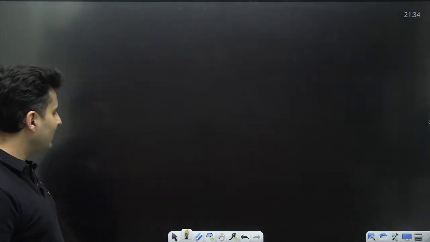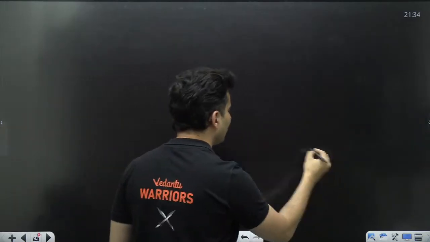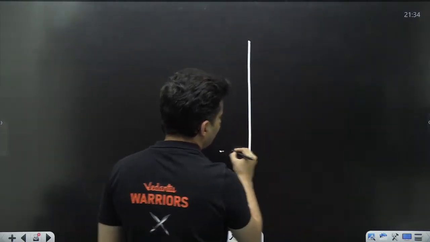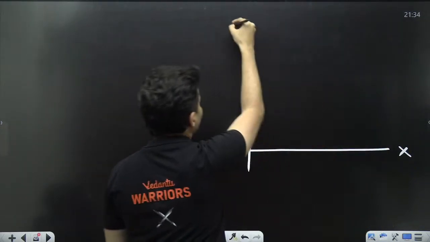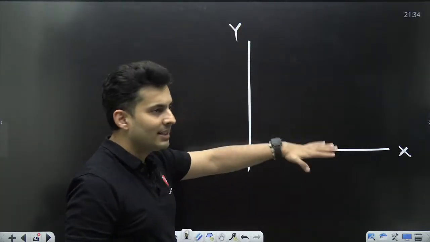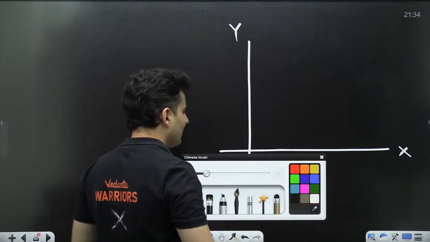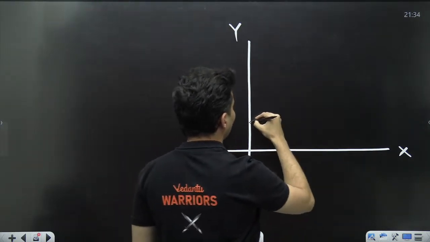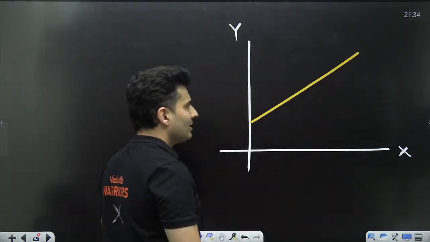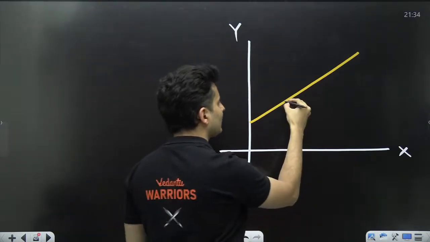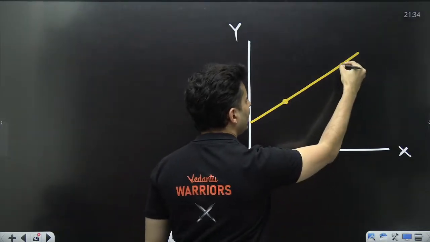In order to solve these kind of questions, I'll teach you a simple trick. All you draw is two axes, x-axis and y-axis. One scale here, one scale here. Two scales are there. And just imagine one straight line going like this. Imagine 2 points on it.